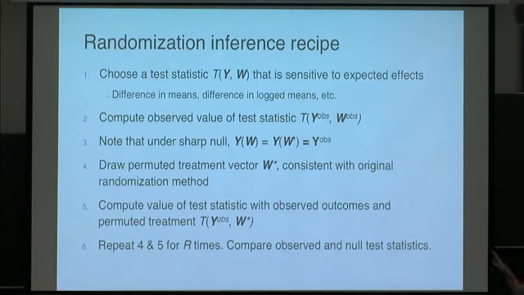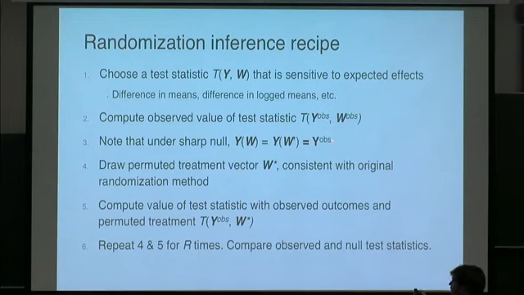Is that we choose some test statistic that detects what we care about, like a difference in means, difference in log means, difference in ranks between treatment and control. We compute the observed value of this test statistic. We note that under the sharp null, no matter what w is, in this case where the treatment has no effects whatsoever, y remains the same, right?